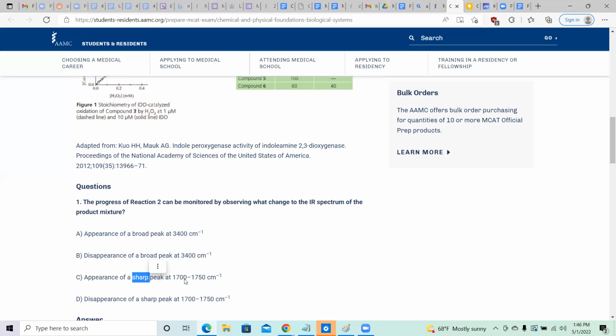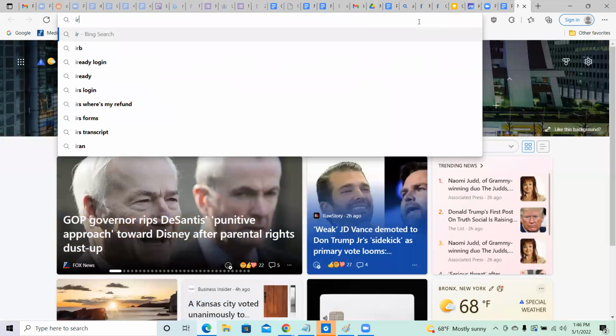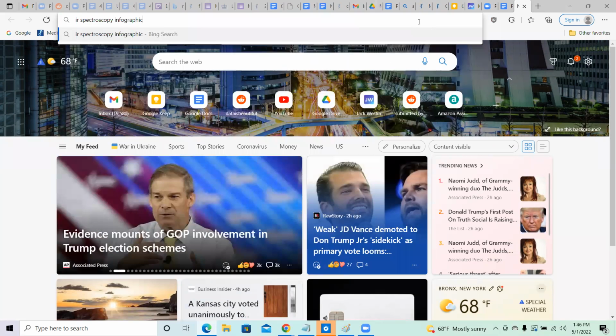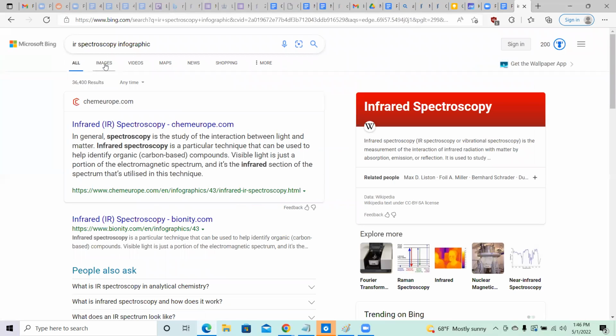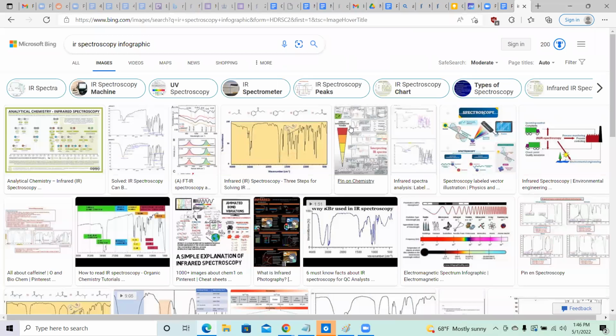Yes, all the carbonyl groups really show up at around 1,700 to 1,750. I remember there's a really nice IR spectroscopy infographic that I used to learn it. I still remember this all the way from when I took Orgo. It's this one, I think.